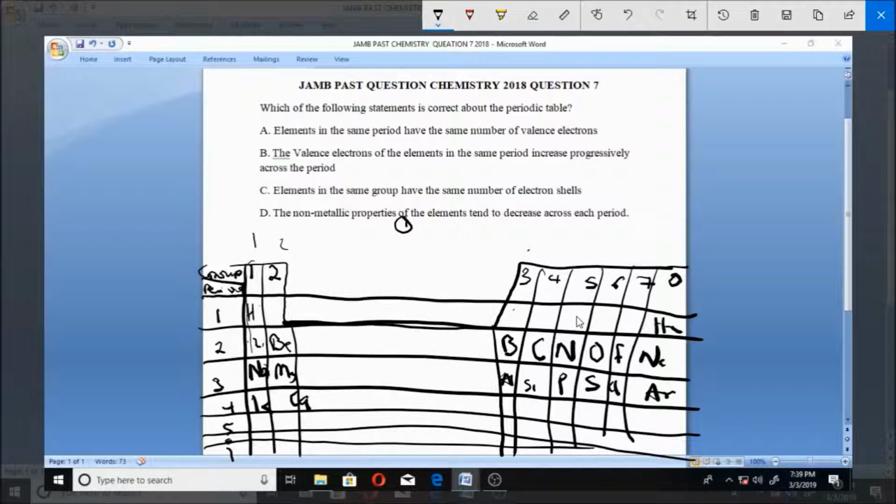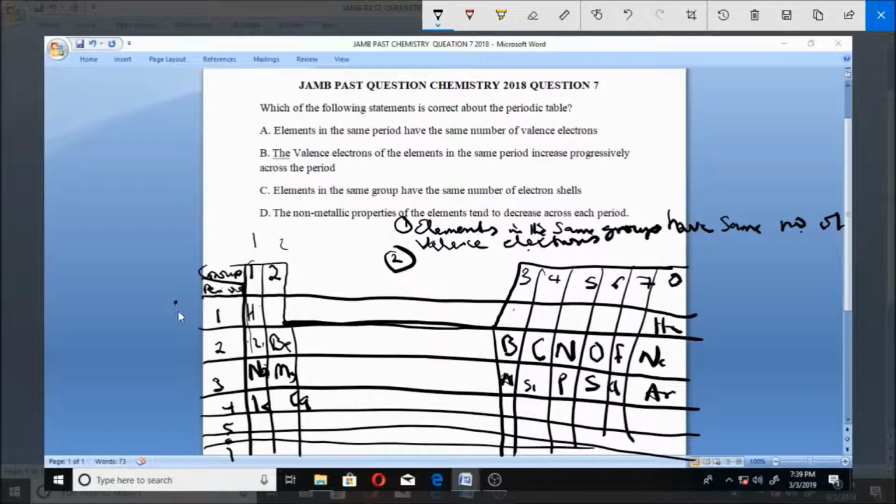Number one is that elements in the same group, like hydrogen, lithium, sodium and potassium, all of them have the same number of valence electrons.